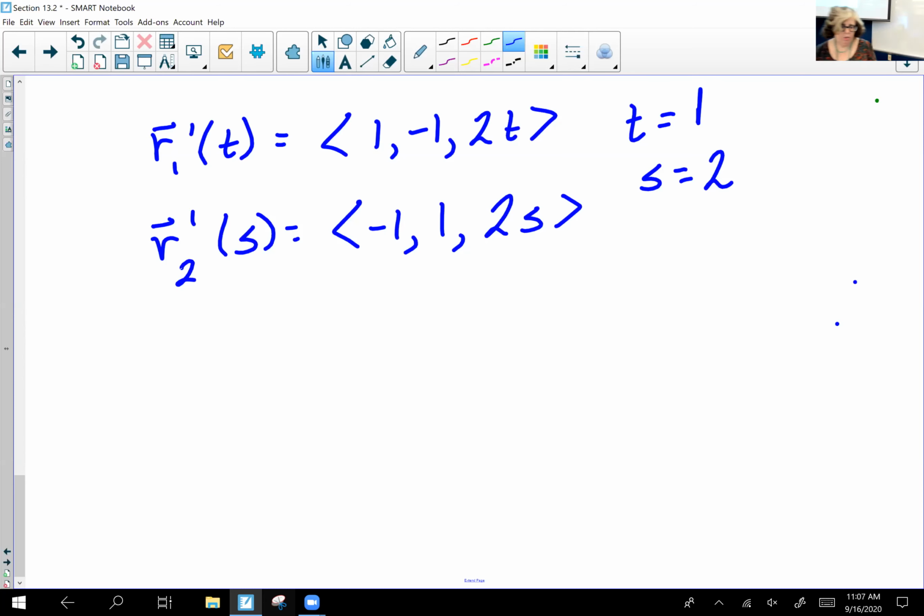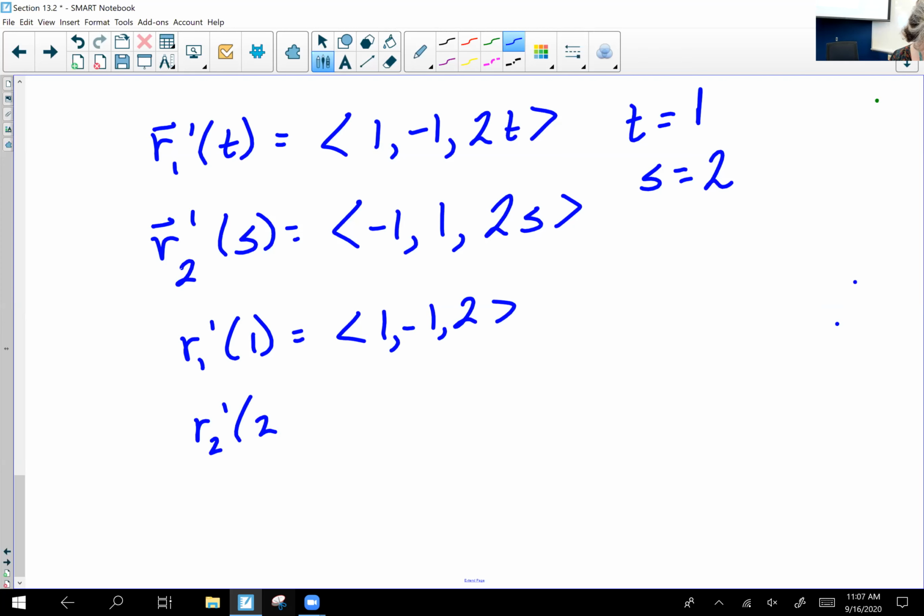Okay, so let's go ahead and put these in. Our R1 prime of 1 is then going to be 1, -1, 2. And my R2 prime of 2 is then going to be -1, 1, and 4.